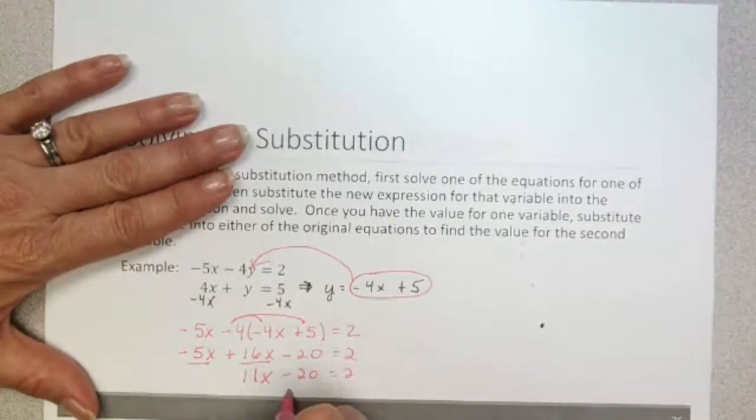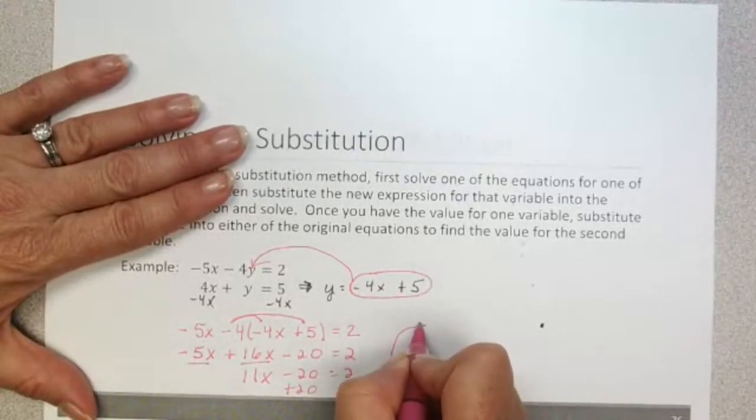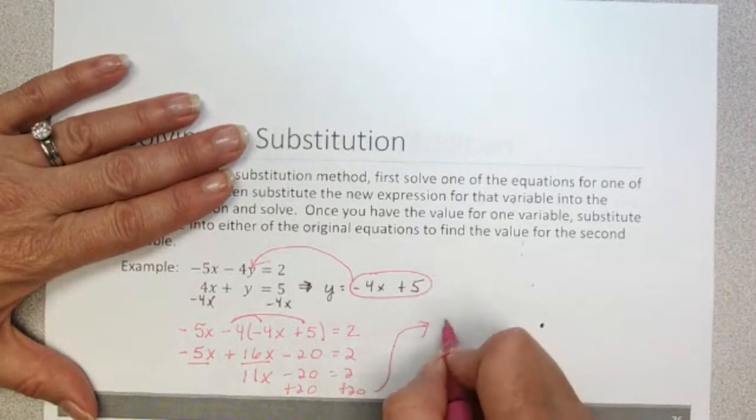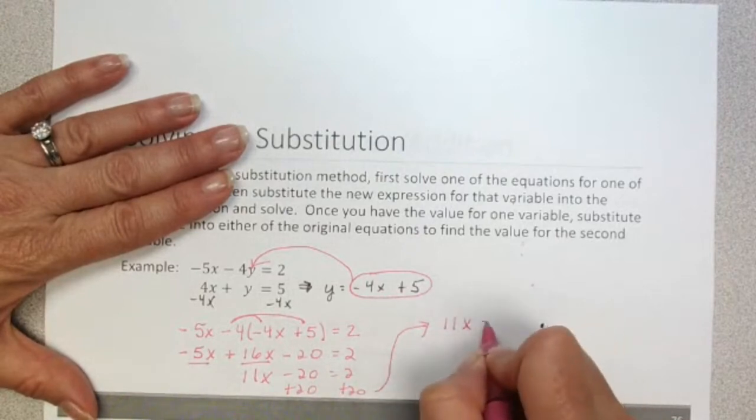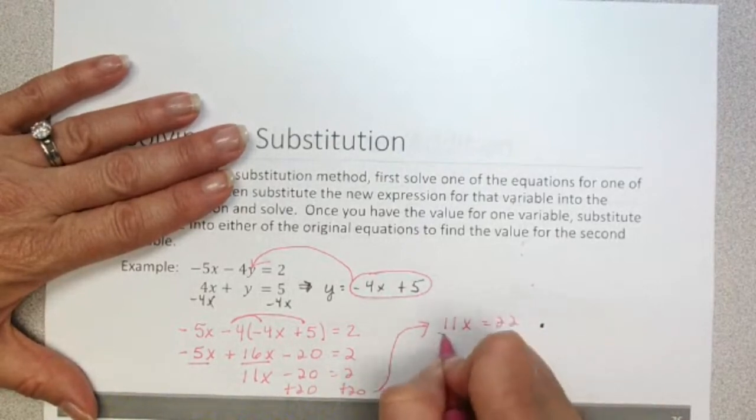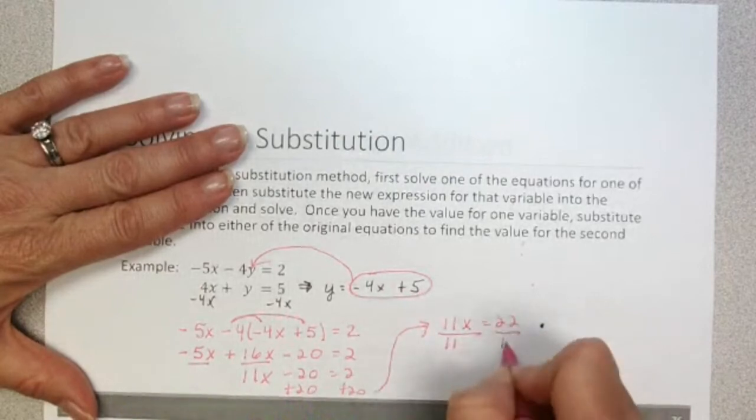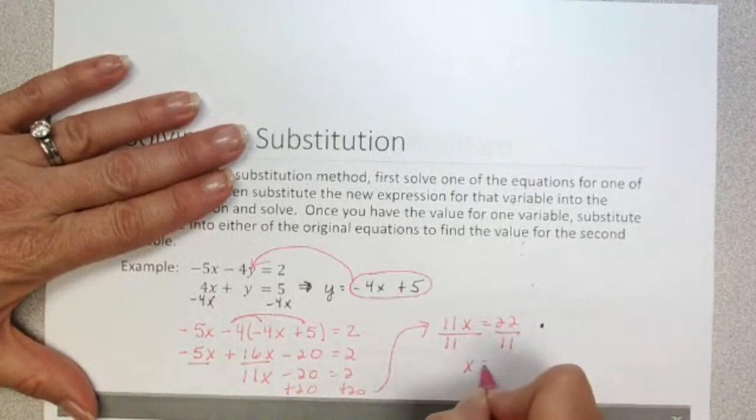Okay, let's move that 20 over, so we'll add 20 to both sides. Then 11x is equal to 22, and divide both sides by 11, and we see that x is equal to 2.